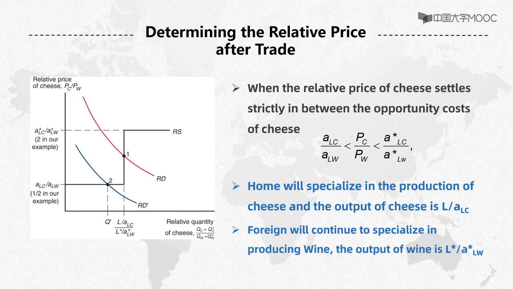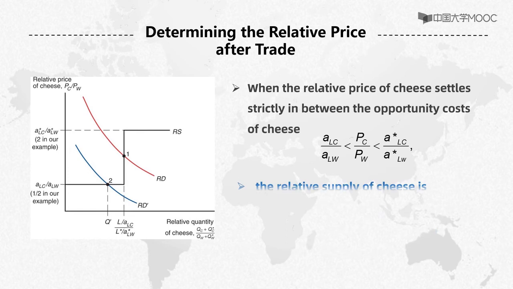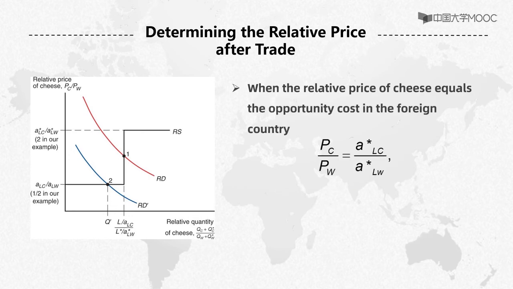The output of wine is L star over aLW star. So for any relative price of cheese between aLC over aLW and aLC star over aLW star, the relative supply of cheese is L over aLC divided by L star over aLW star.